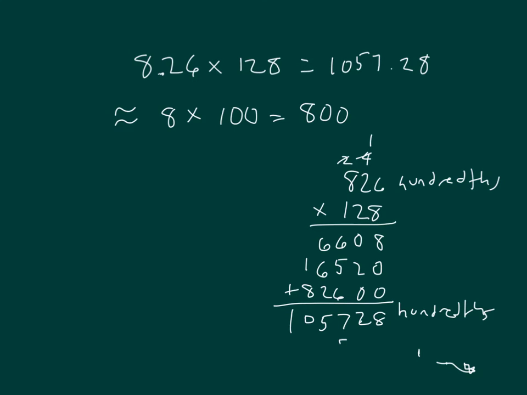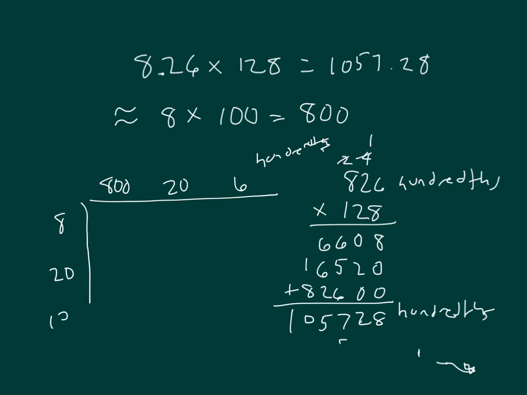If I was to show my area model here, we'd have 826 hundredths. 128: 8, 20, 100.